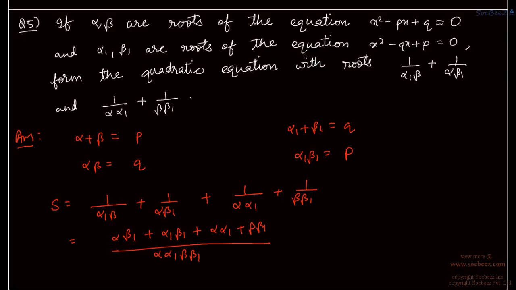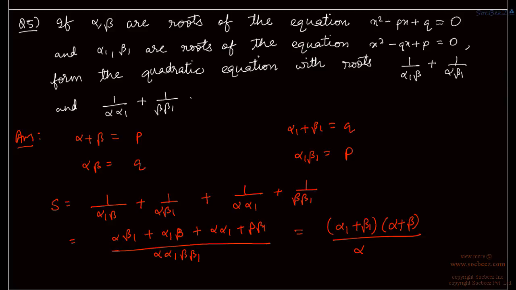Now this can further be written as, let's take, from the first and third I take alpha common, so I have alpha 1 plus beta 1. Similarly from the second and fourth I take beta common, and I have again alpha 1 plus beta 1. So this is nothing but alpha 1 plus beta 1 into alpha plus beta, right?